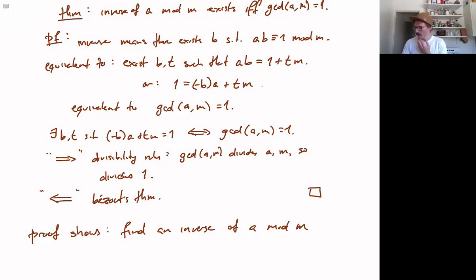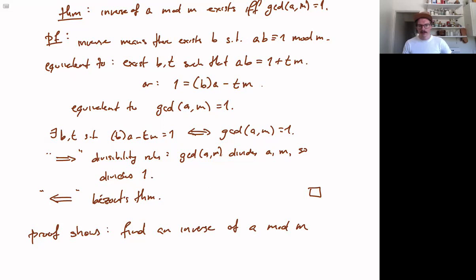So B is our inverse, essentially, and I think I got my signs wrong this whole time. It should be positive B and negative T. Someone told me in the chat that the signs were wrong. Yeah, I think you're right. So this is B minus T. How convenient. Much better.